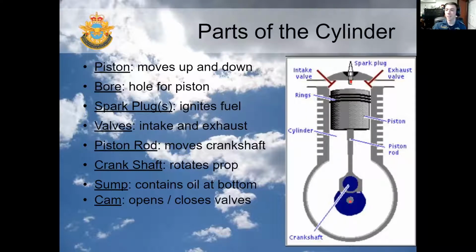So the crankshaft is connected to the propeller, and the sump is kind of like a tray or a dish at the bottom of that cylinder that will contain the oil and make sure that gets splashed up to lubricate components and fulfill its other purposes, which we will be discussing in the next video.